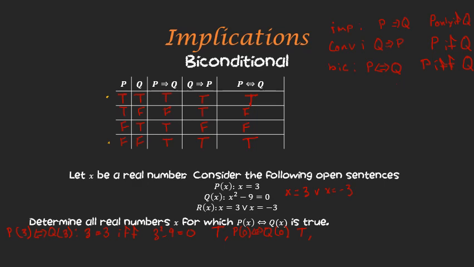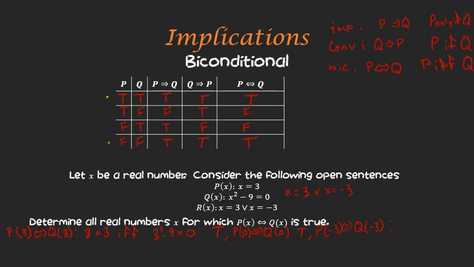But we could also have a situation like P of negative 3 if and only if Q of negative 3. So in this case, negative 3 does not equal 3, so P of negative 3 would be false, and Q of negative 3 would be true, right? Negative 3 squared minus 9 is equal to 0.